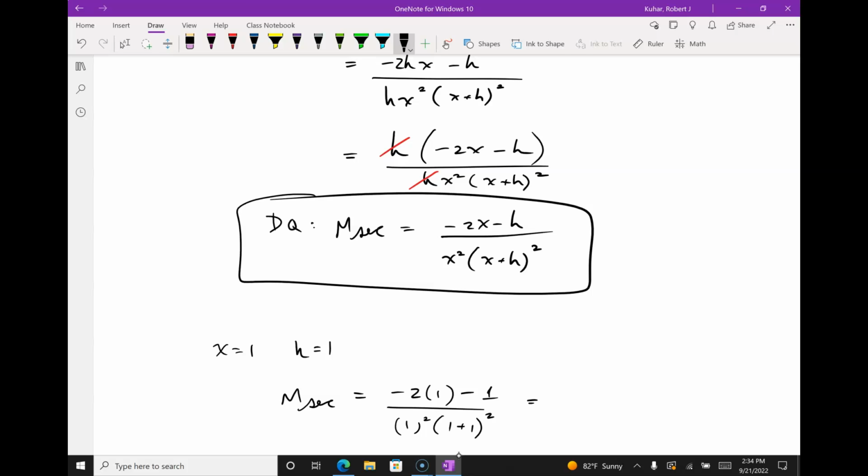I plugged in every x as 1 and h as 1. So I get negative 3/4. Negative 0.75, right? That's the same thing I have on Desmos. Notice what I did. Did I plug in?